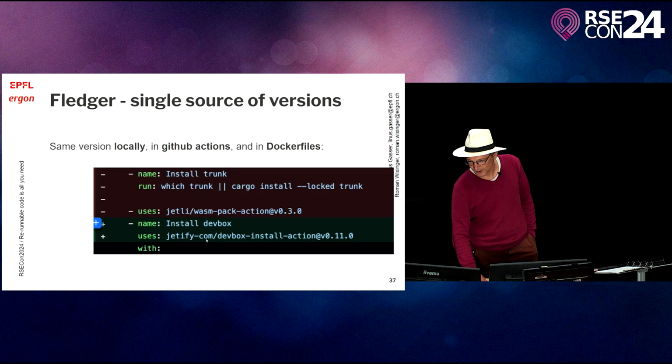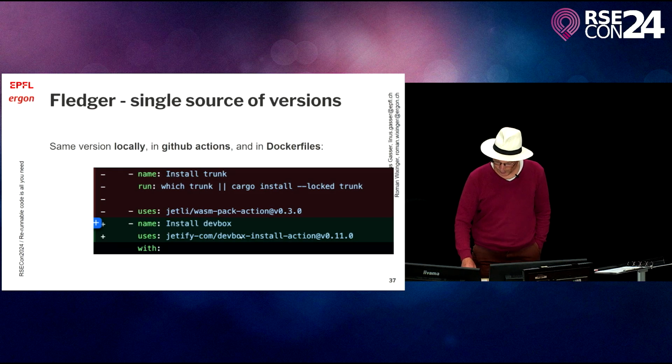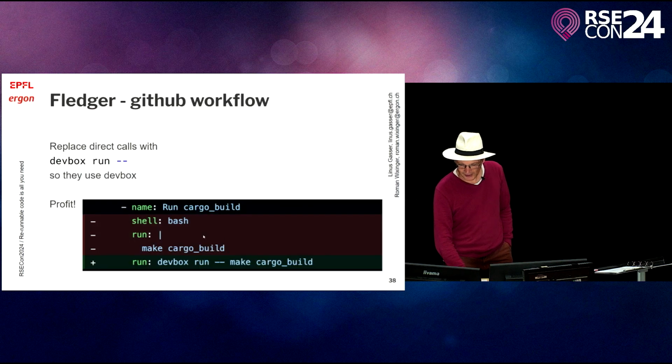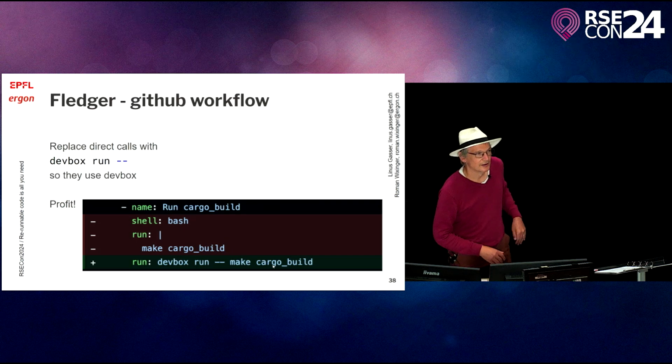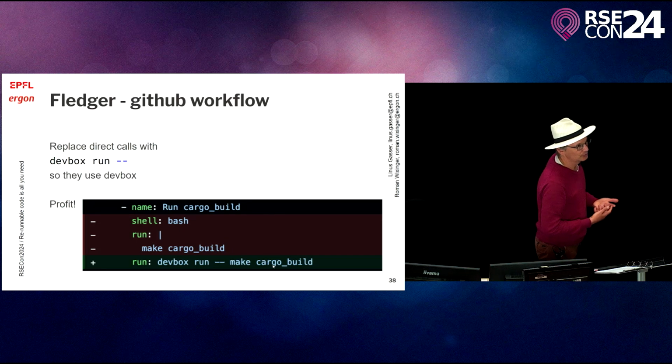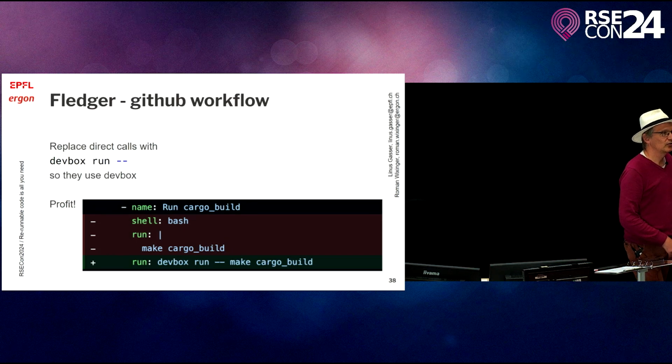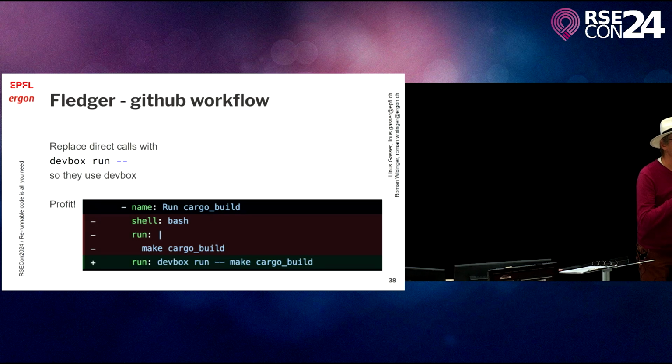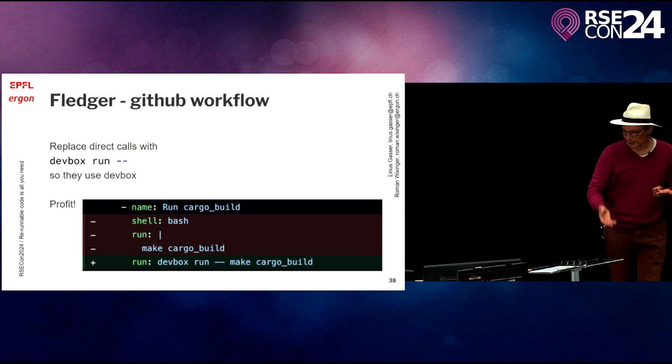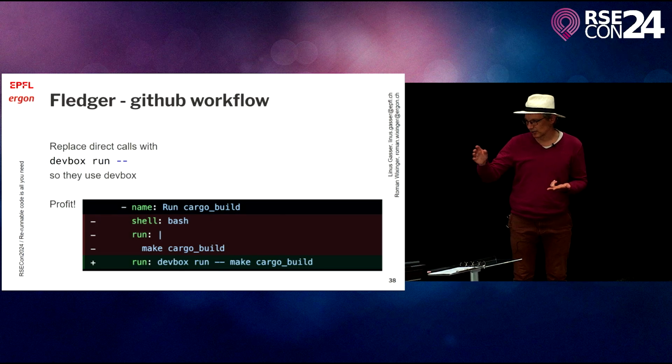So here I just give the devbox install in the GitHub Actions. And now, I'm using makefiles. Instead of using make cargo build, I write devbox run -- make cargo build. And now when I write devbox run, it will look at the packages that need to be installed. It will install the packages. Then it will run the init hook, so it will install all the Rust. And then it will run the make cargo build.